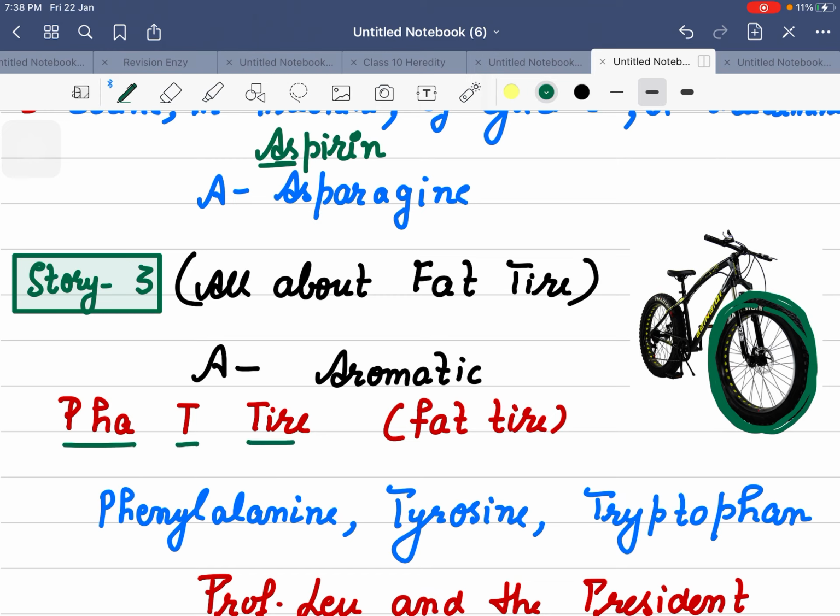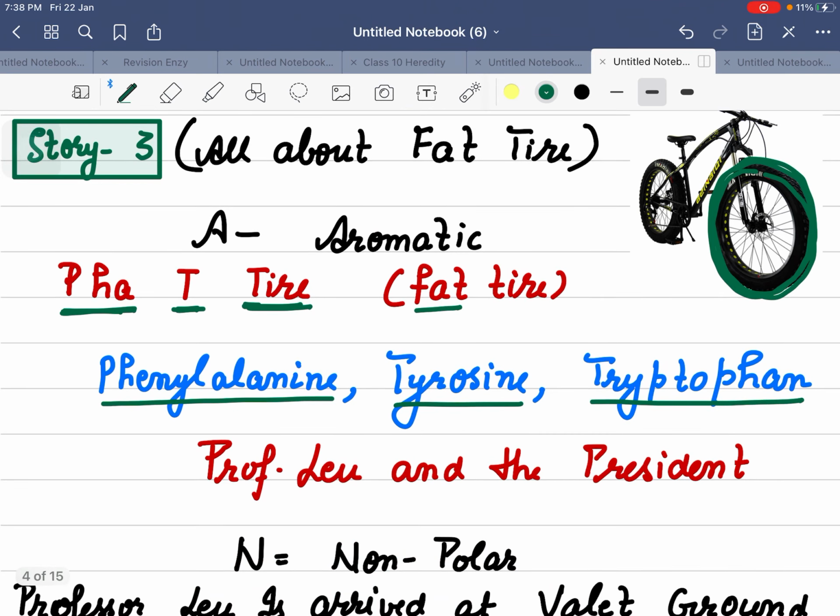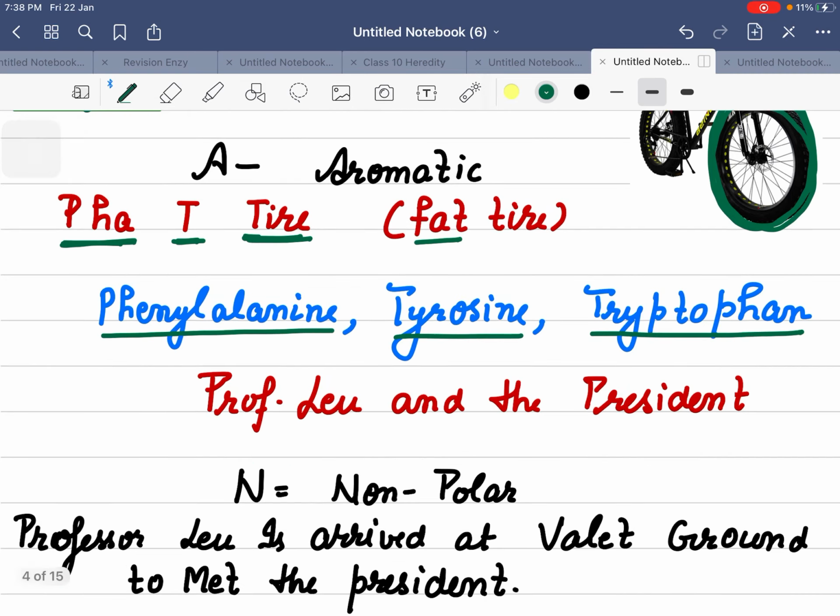We are not going to write fat, we are going to write fat tire. PHE, phenylalanine. T for tyrosine and this T for tryptophan. Tryptophan will always help you remember: tryptophan, tyrosine and phenylalanine. These are the 3 aromatic amino acids, with the benzene ring.